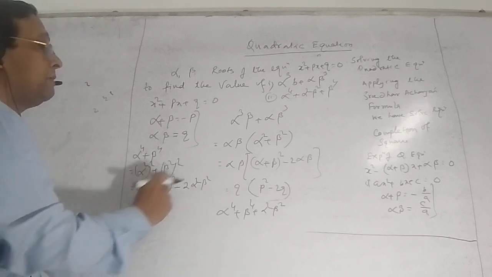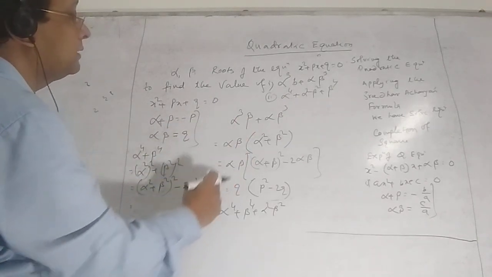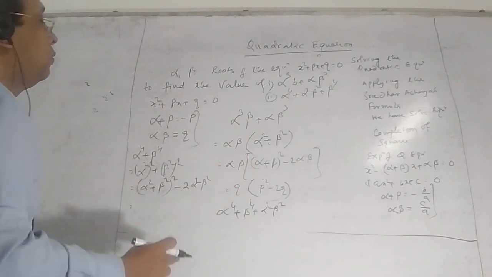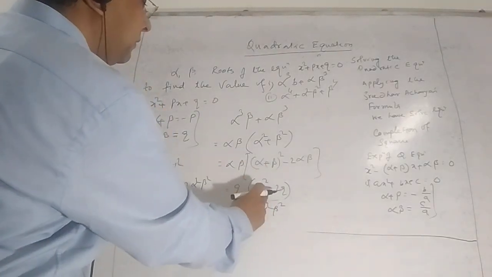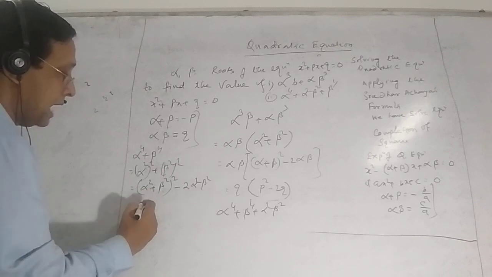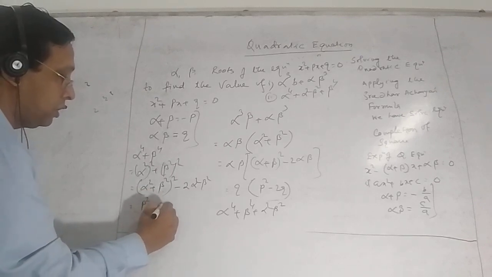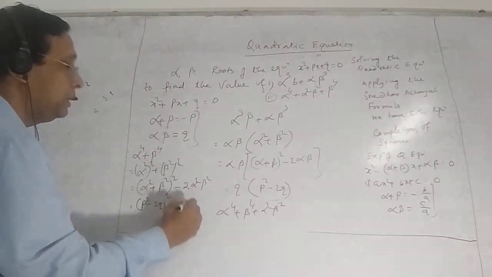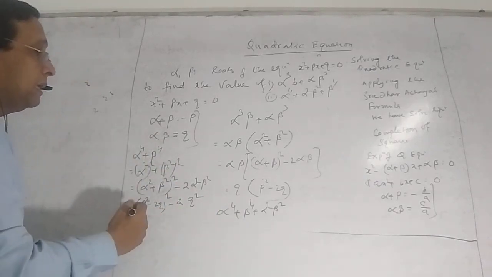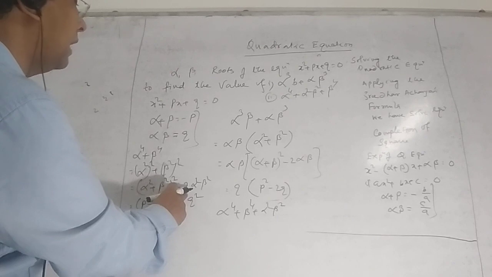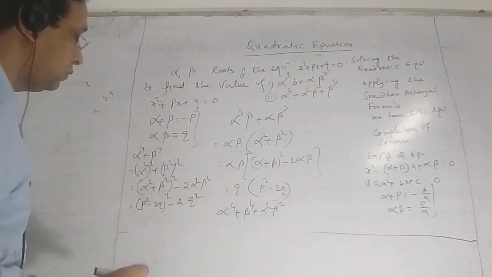Now alpha square plus beta square is p square minus 2q. Therefore we can write p square minus 2q whole square minus 2 into alpha beta, which is q, squared, so minus 2q square.